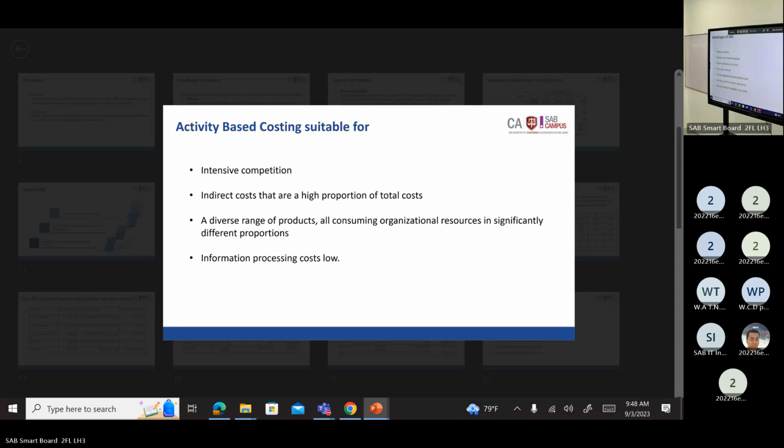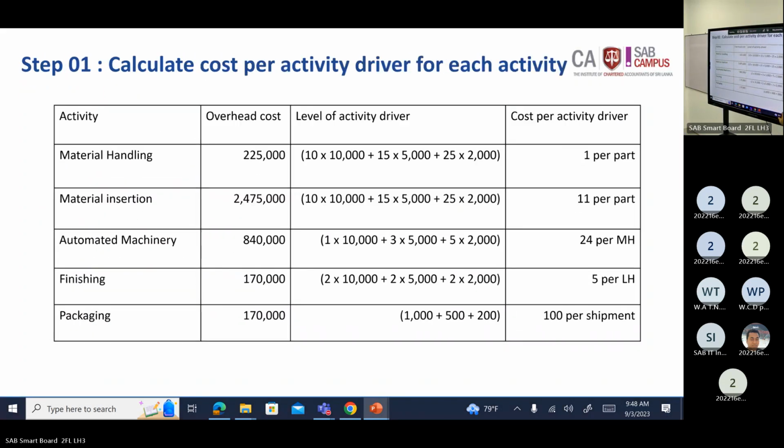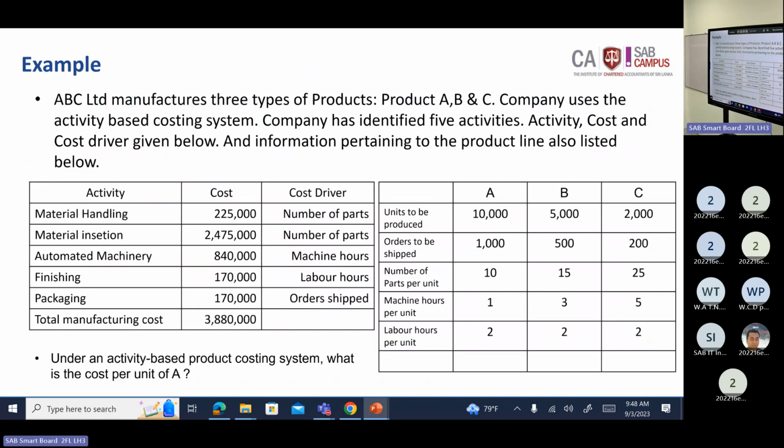Then we have this example, and even the answer is there in the slide itself, so we'll go through and understand it.